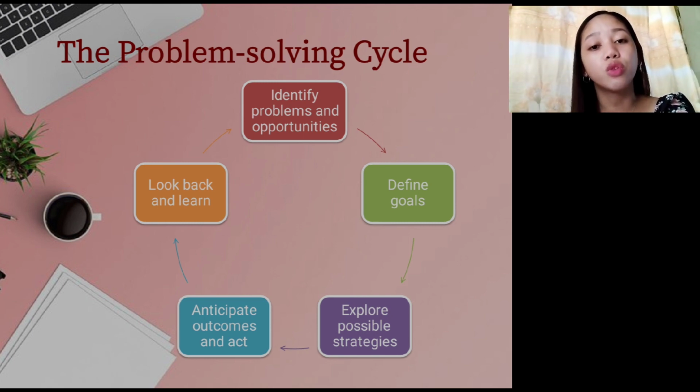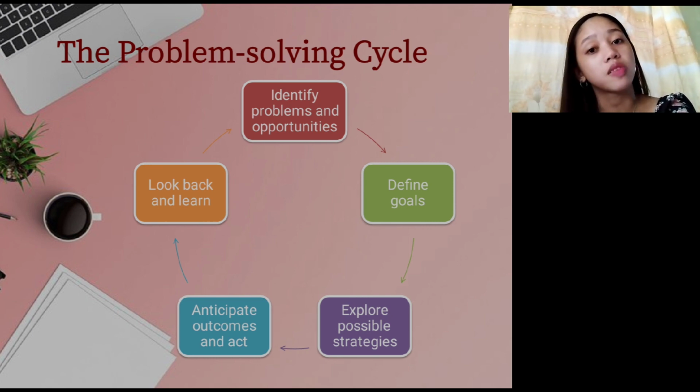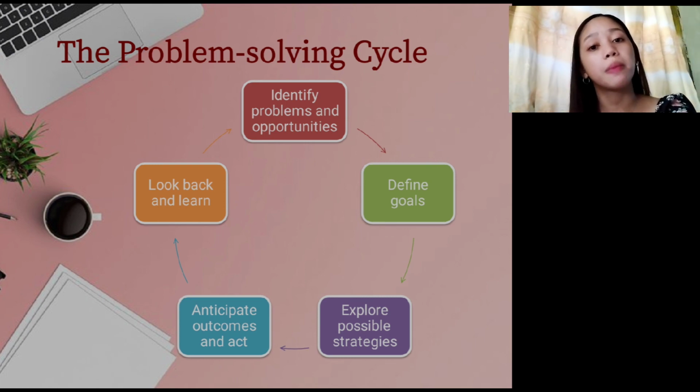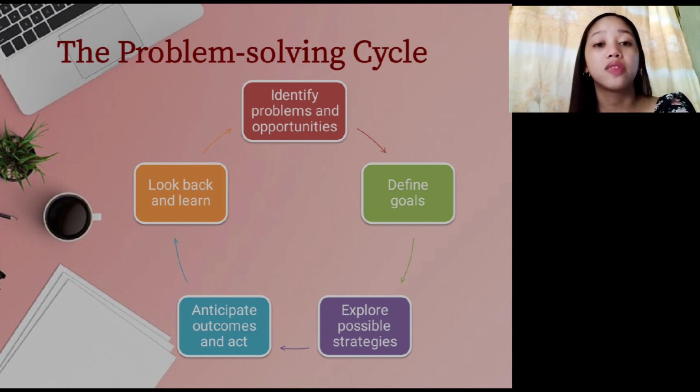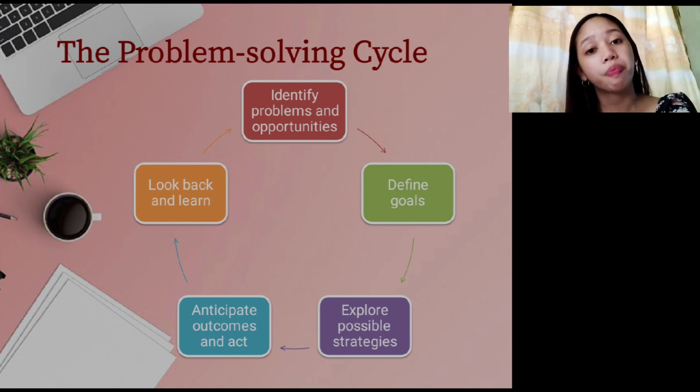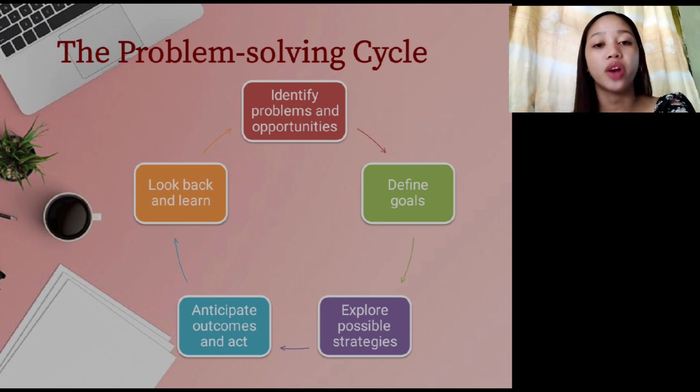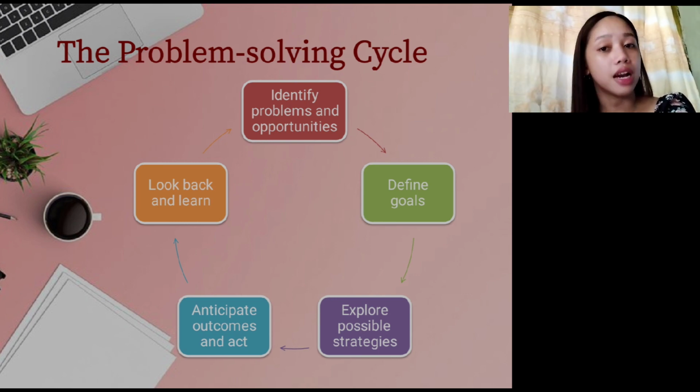So you don't just plan it or make strategies, but you have to do it to resolve the problem. Then, evaluate or assess. Is my strategy effective? Is the problem solved? If it resolved the problem, that's it. But if it's not, then you have to think and try again. That is the problem solving cycle.